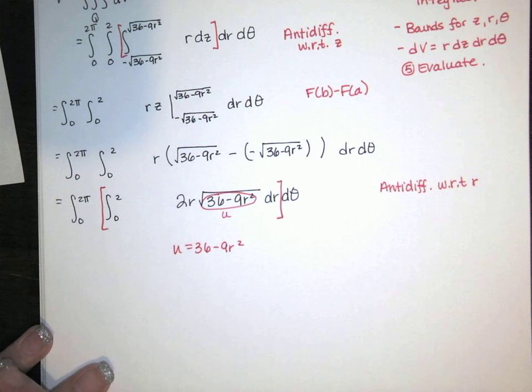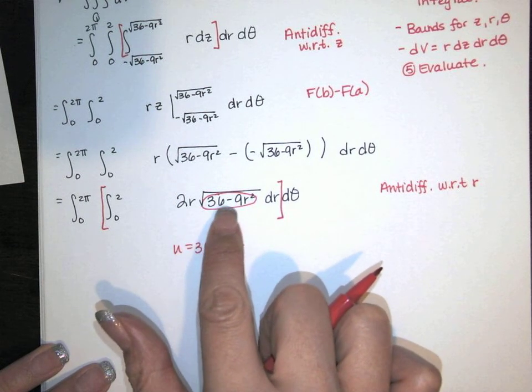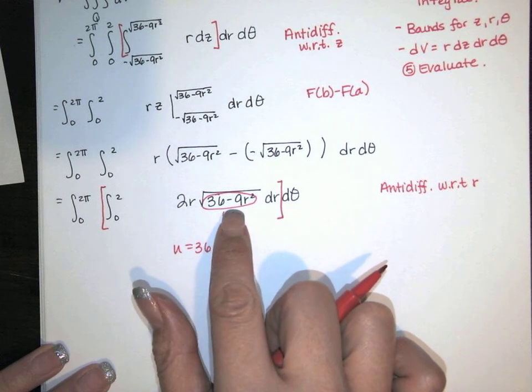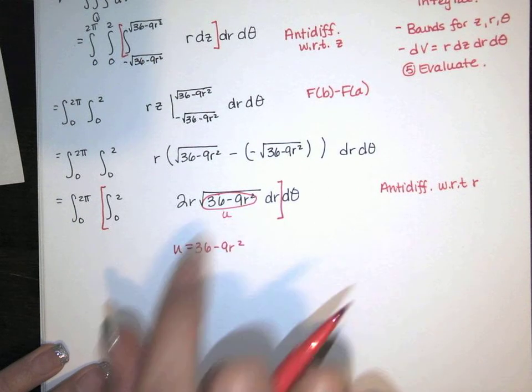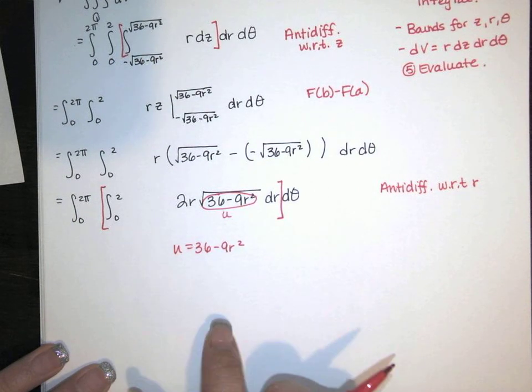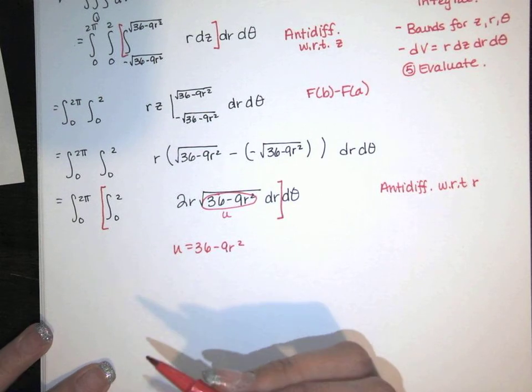I guess first of all I should have said basic rules don't apply because we've got a product here. The next thing I ask myself is, does u sub work? And since I have a function nested inside another function, and a multiple of the derivative of this function is out here somewhere, meaning I'm not worried about the constants, but the r part is out there, then the u sub is going to work.